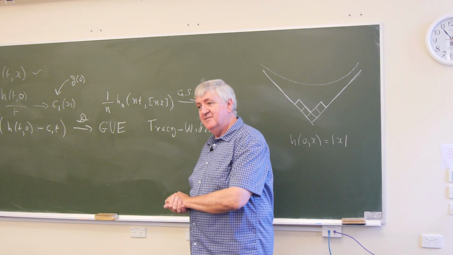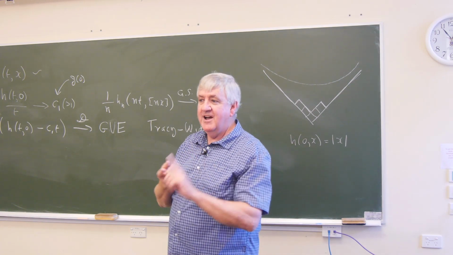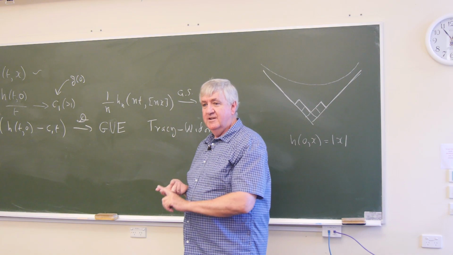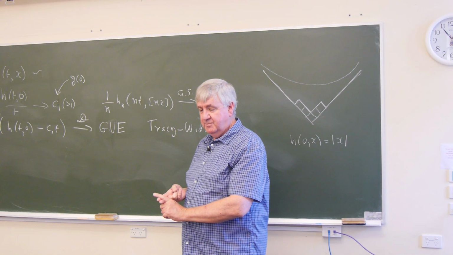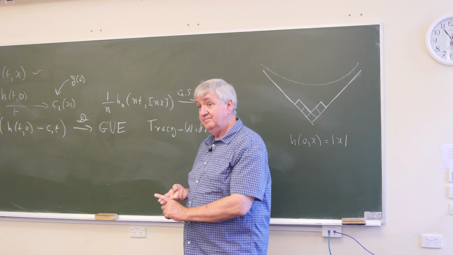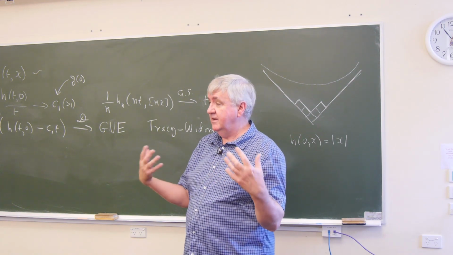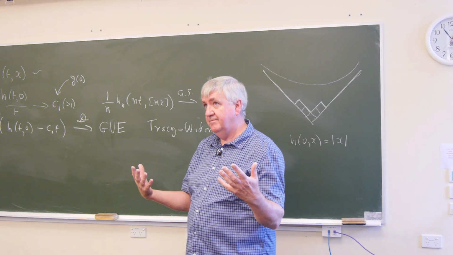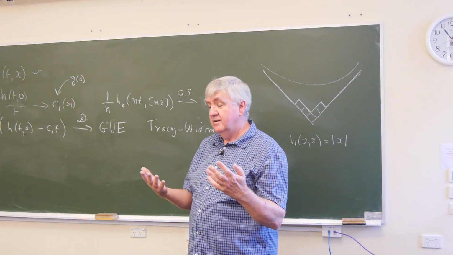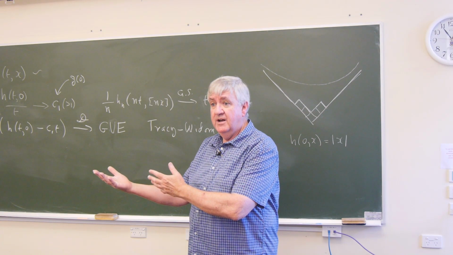And KPZ, for those in the know, comes from Kardar, Parisi, Zhang, and that is the specific model for growth that was introduced in about the mid-80s by those authors, where they took a partial differential equation in t and x, I think it's Burgers' equation, and added white noise.